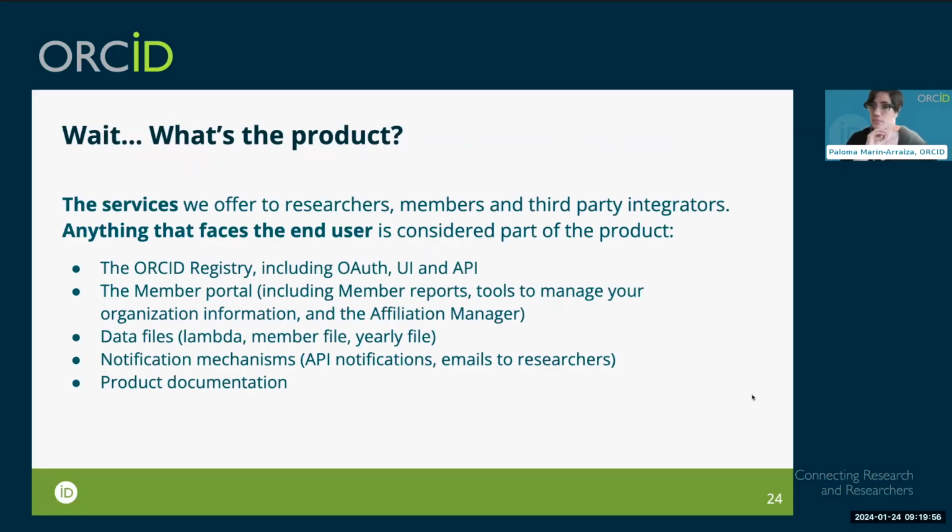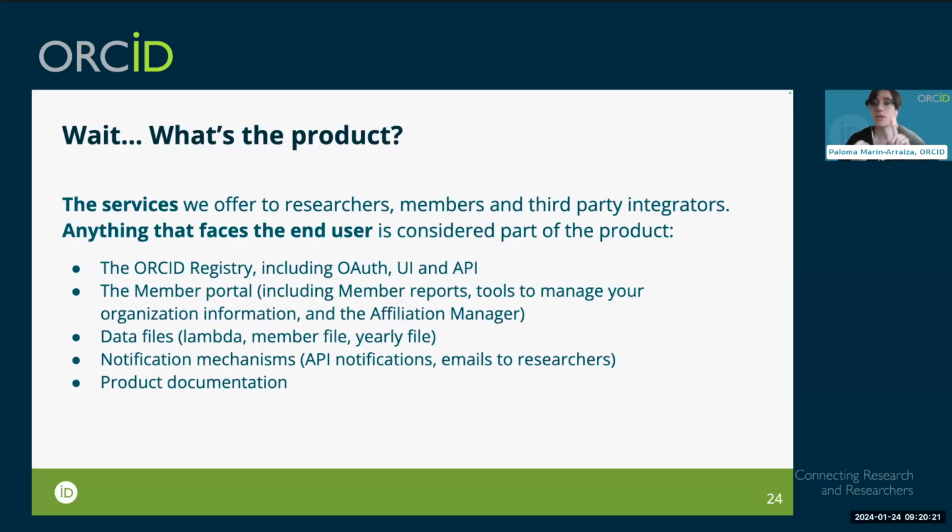But let's go a bit more in detail. What's exactly the product at ORCID? So the services that we offer to researchers, members, and third-party integrators, and anything that faces the end user, so the researchers, is considered part of the product at ORCID.